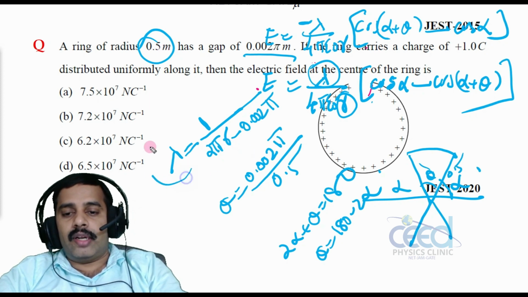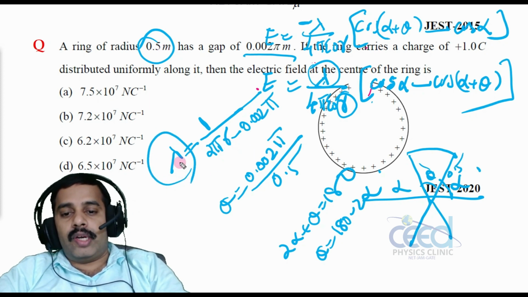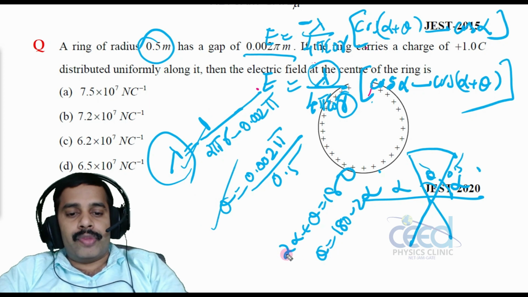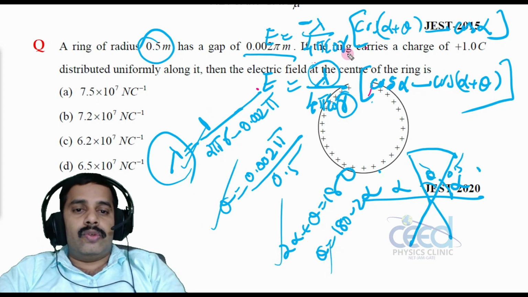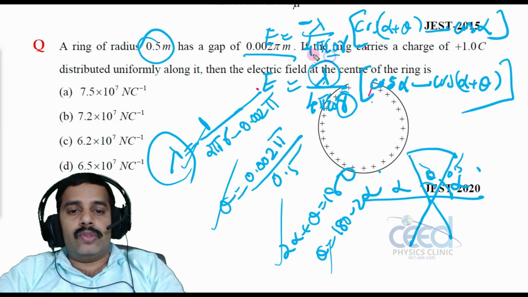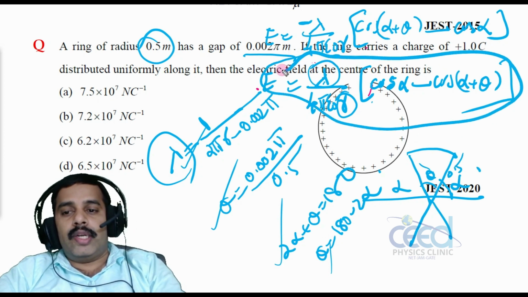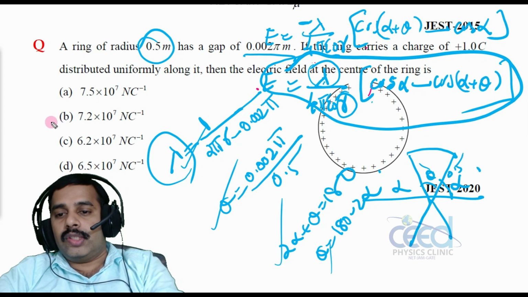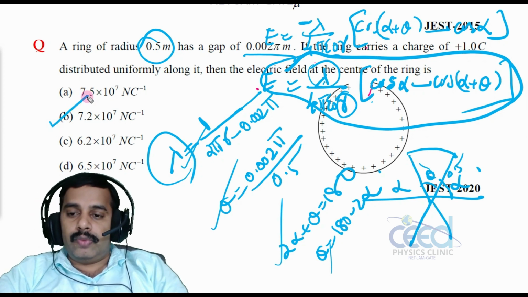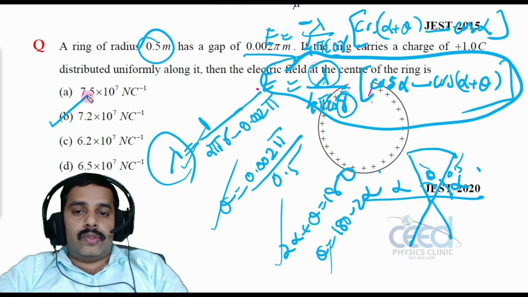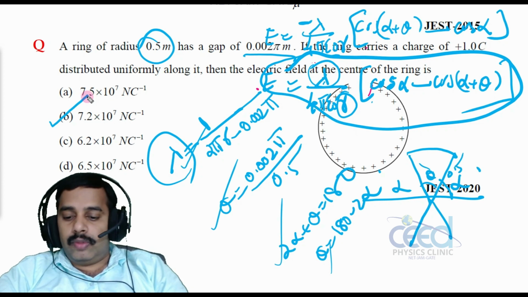So we can calculate lambda also. So we have the lambda value, theta value and alpha value. When you substitute all these values in this equation, you will get the answer 7.2 into 10 raised to 7 Newton per coulomb. So this is the method of doing this problem.